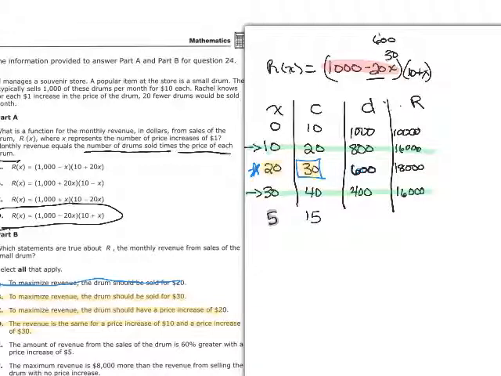So 20 times 5 is 100. 1,000 minus 100 is 900. So now we have 900 drums that we're selling. If you multiply 900 times 15, you're going to get 13,500.